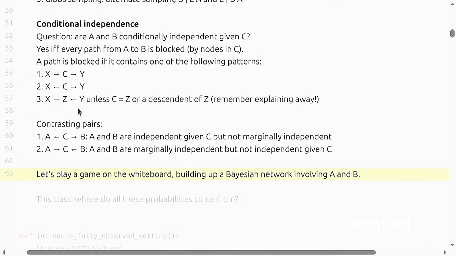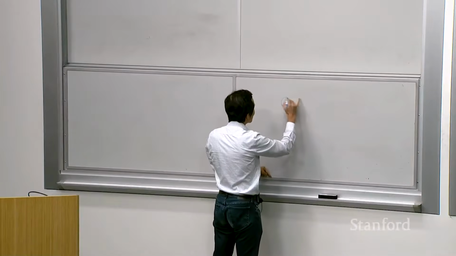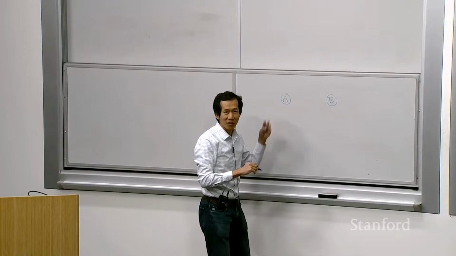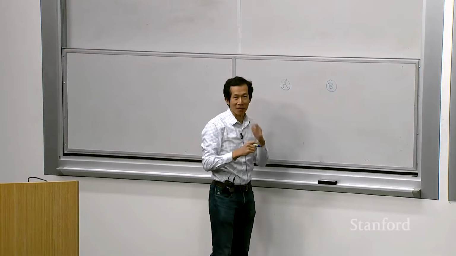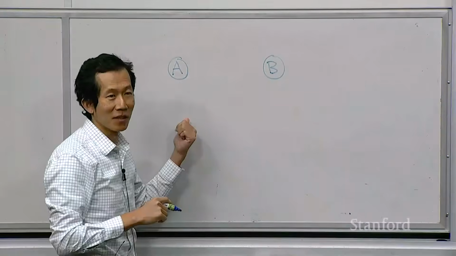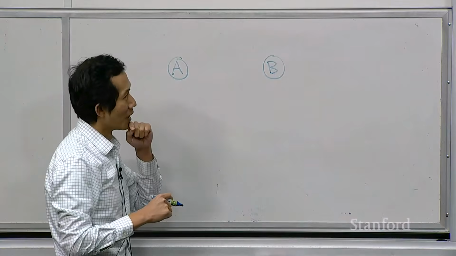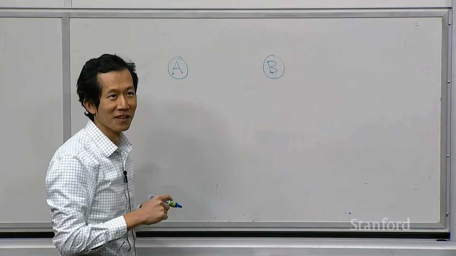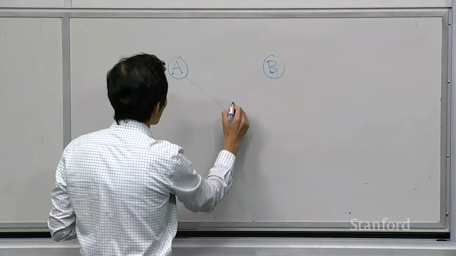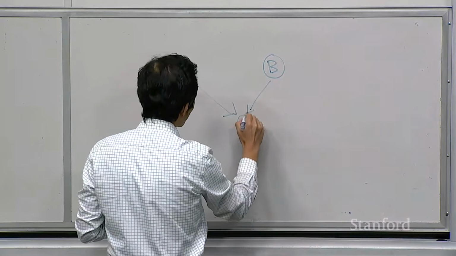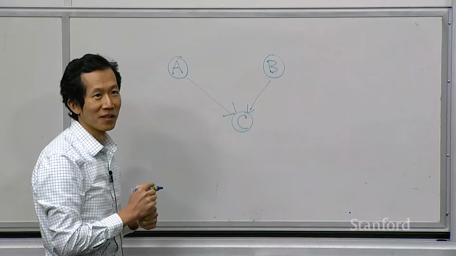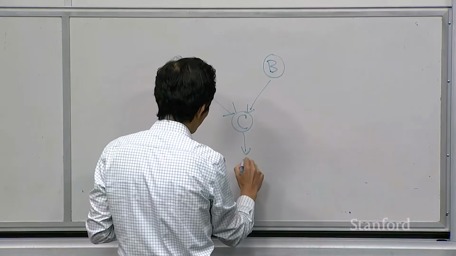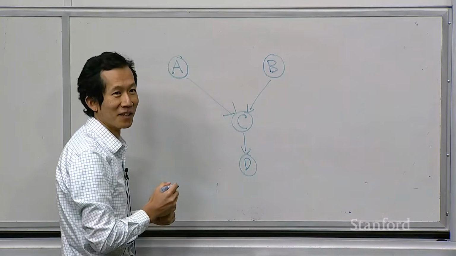Let's play a game. Okay? So I have A and B, and I'm going to add things to this network, and you tell me if A and B are independent or not. Okay, so maybe let's do this. Raise your hand if you think these are independent. Okay, good.